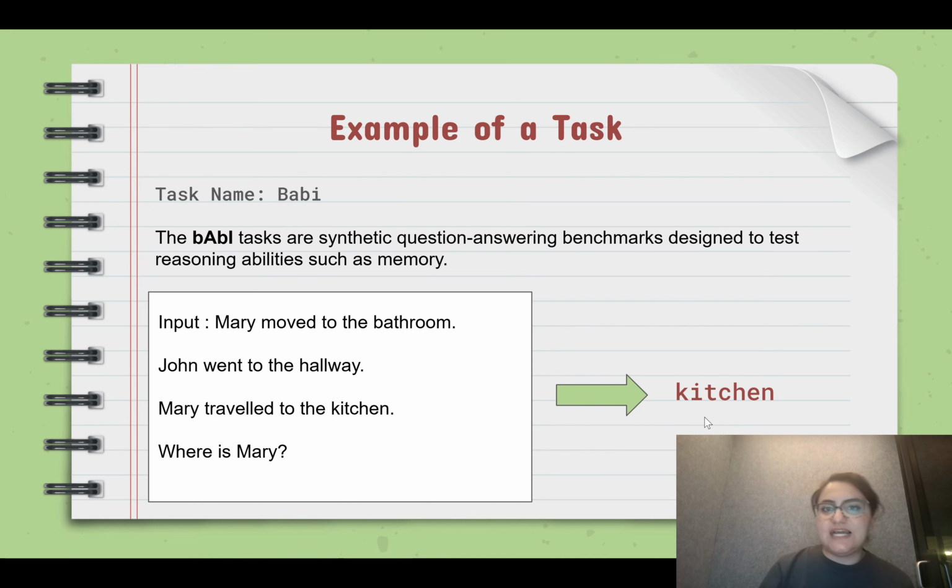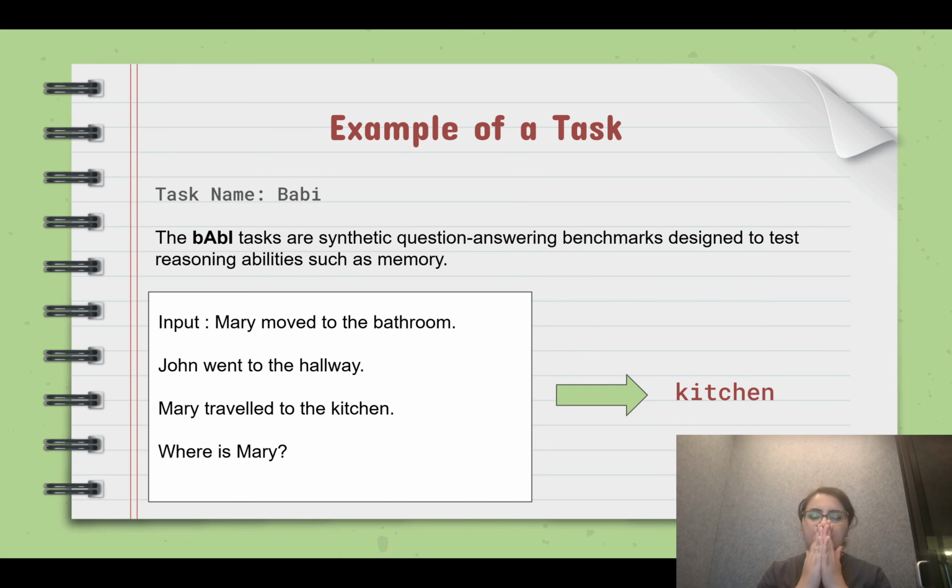And the answer that the LLM gives us is kitchen. So you can see that it's a question answering dataset. You give a short text, a short story, and ask a question, and the LLM will tell you the answer.